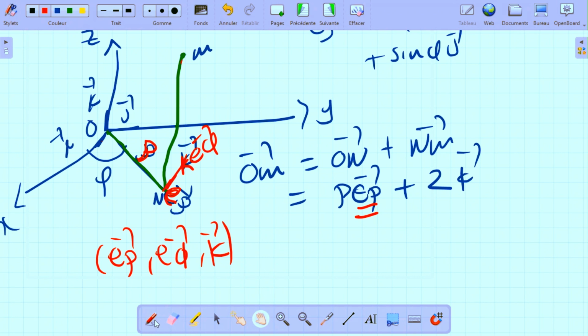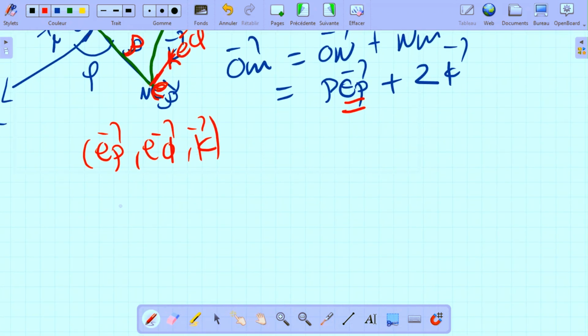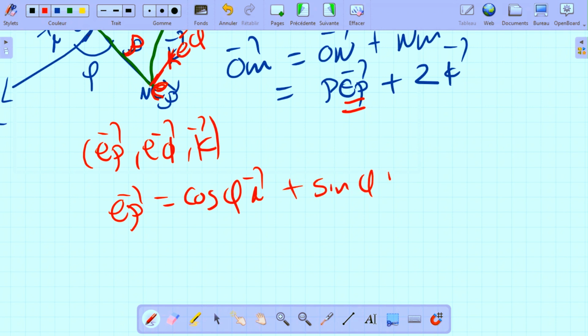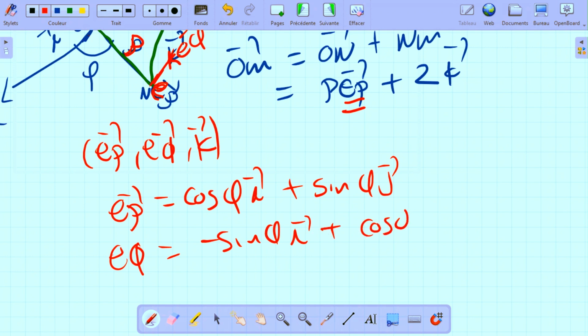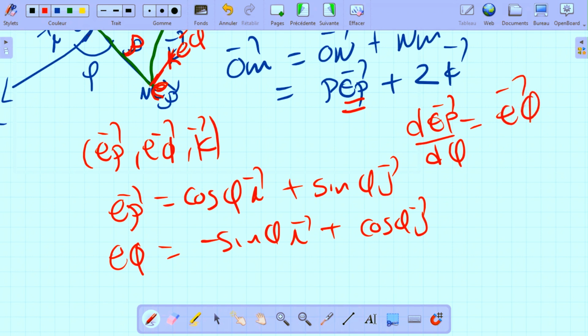The other important thing is finding e rho and e phi. We found e rho to be cos phi in the direction of e plus sine phi in the direction of g. Then e phi we found to be negative sine phi in the direction of e plus cos phi in the direction of g. We said that when you find the derivative of e rho with respect to phi, you're going to find e phi.